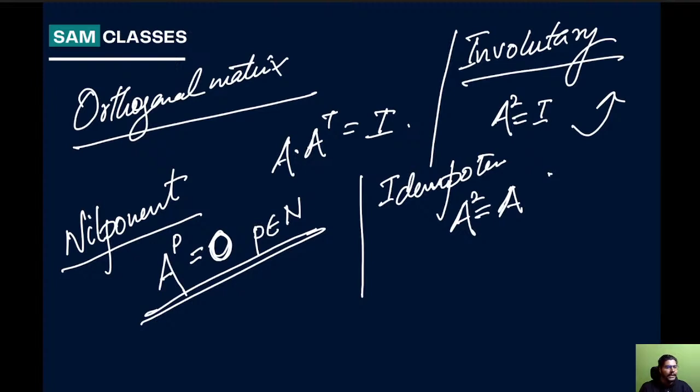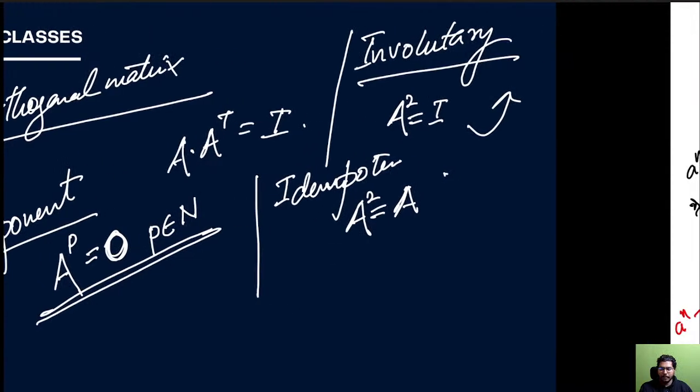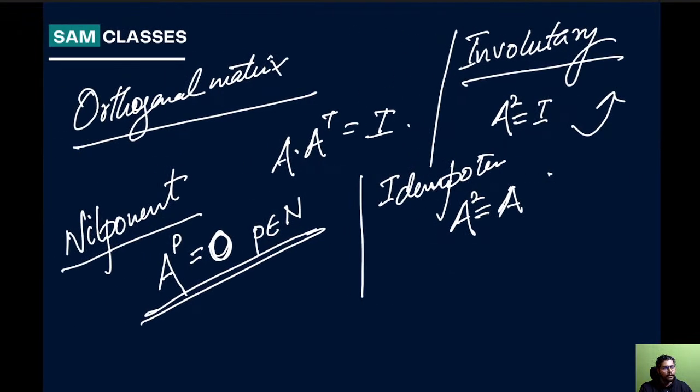That is always identity. Correct. But A transpose is a rare case. When it happens, we say orthogonal. Clear, Karthike? See, 2.5, always 1. But if some other number came and is able to make it 1, then in the case of matrices, that is orthogonality.